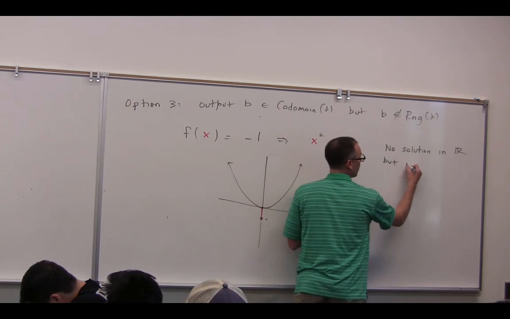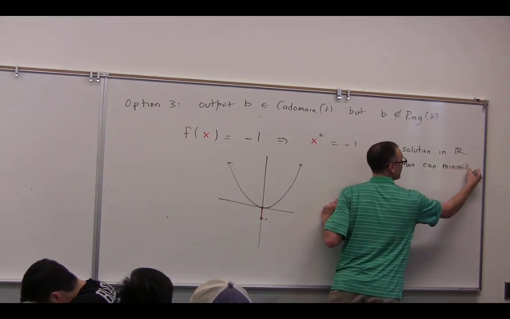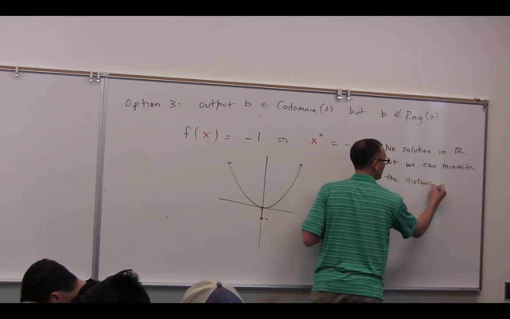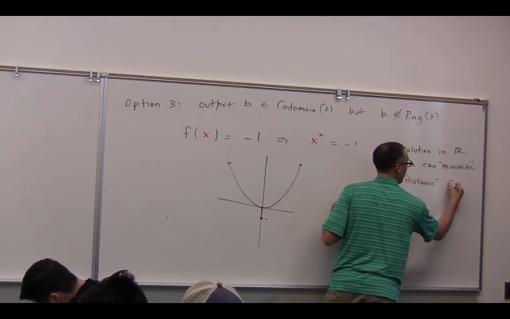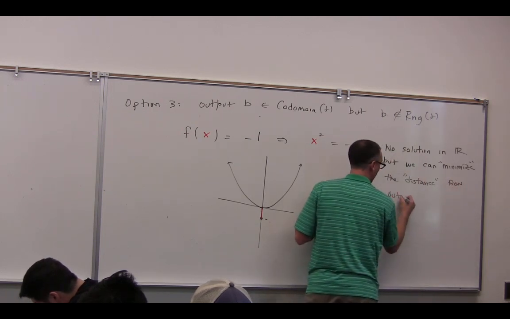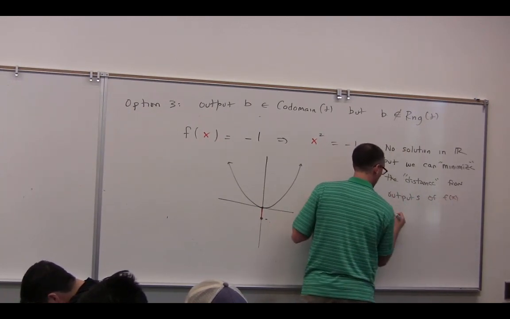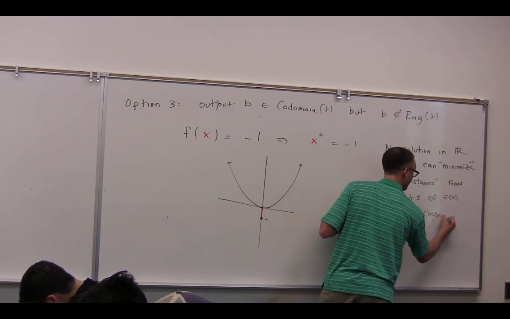But we can minimize the distance, and we're not sure yet what this means, from outputs of f of x to our chosen value of b.